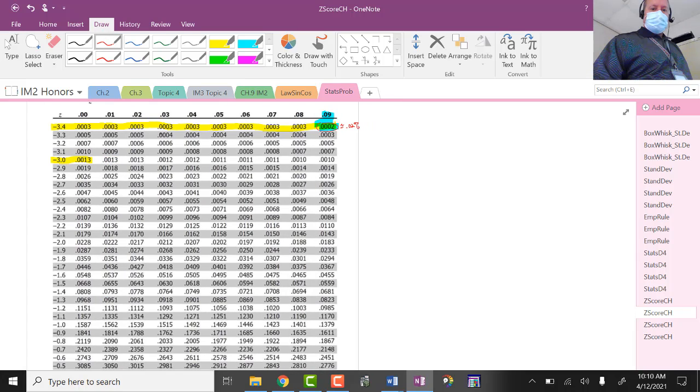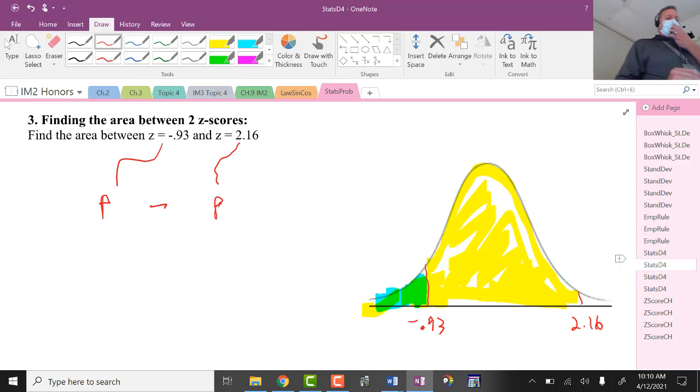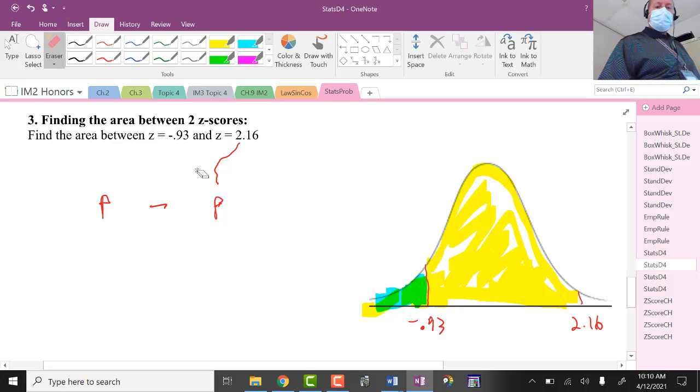Okay, and then I'm going to circle it. Is that 0.1762? Did I get that right? Yeah, 0.1762. Oh, do I have these reversed? I actually have them reversed in the notes, don't I? Anyone notice that? I've got to switch these. It's this probability that I'm subtracting from the other one.